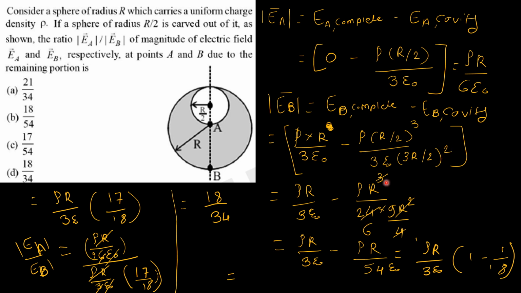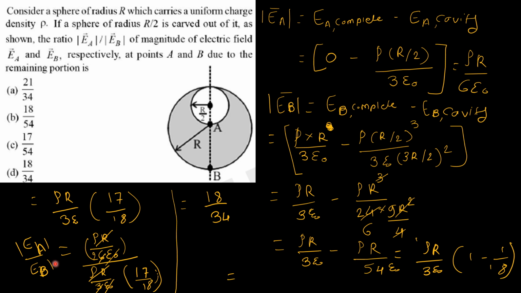Similarly, 2 cube is 8, into 3 is 24; 3 square is 9, 2 square is 4, 4 times 6 is 24, so 6 will remain here. So again rho r upon 54 epsilon naught; you can take common rho r upon 3 epsilon naught. In the bracket we will find 1 minus 1 upon 18, which will yield rho r upon 3 epsilon naught times 17 by 18.